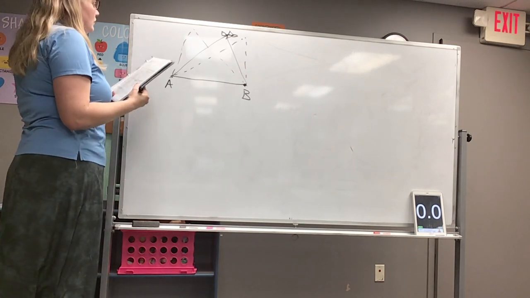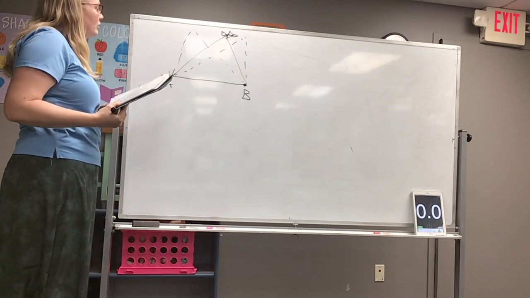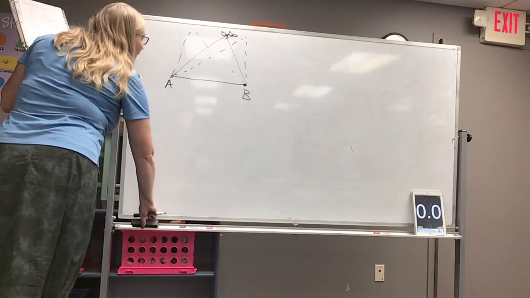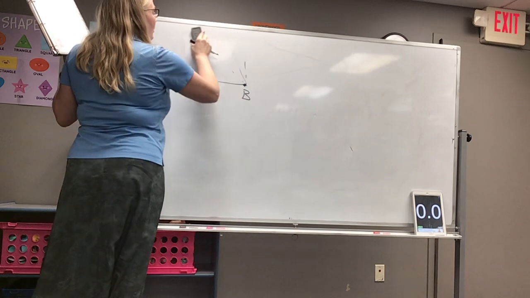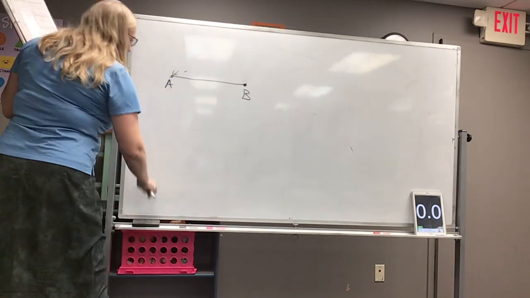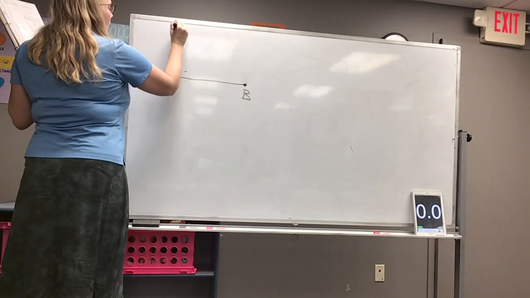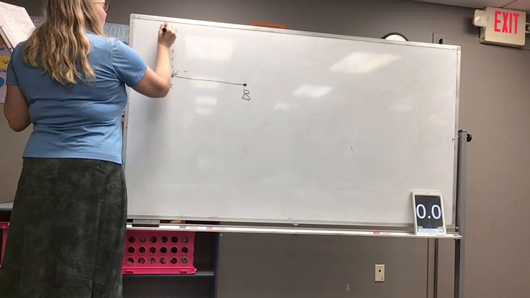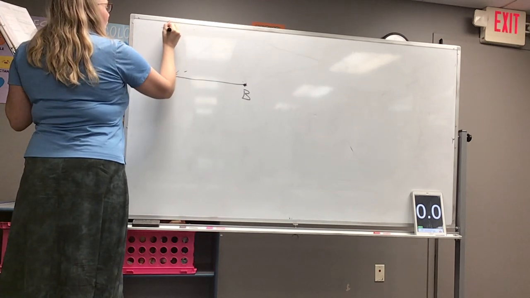So, I think I've got my airplane turned upside down. Or not upside down, turned backwards. Because it says directly above A, and it's flying west.